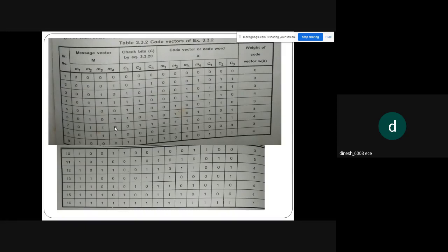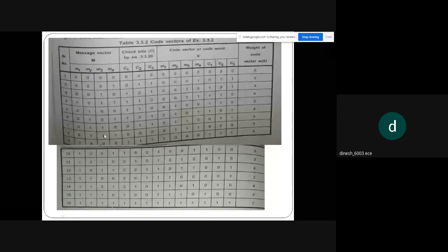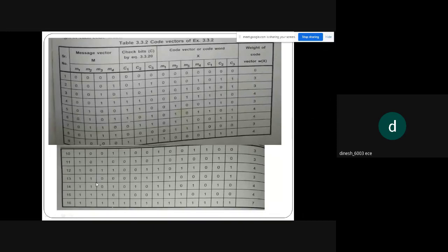So right from 0000 up to 1111, we get 16 different messages.